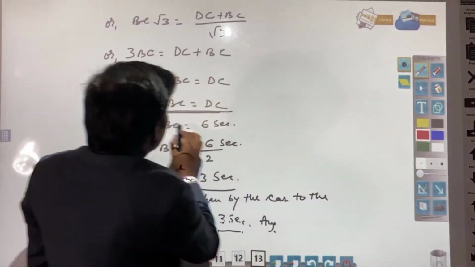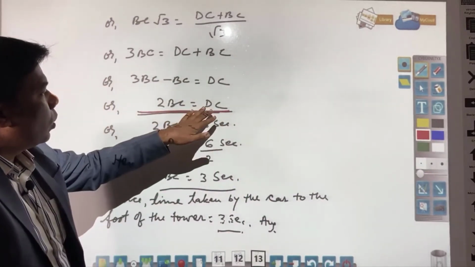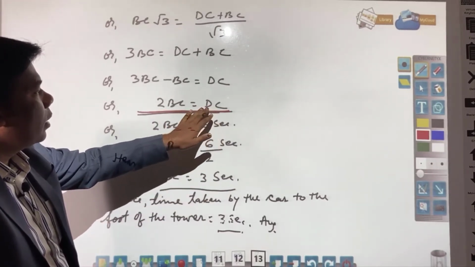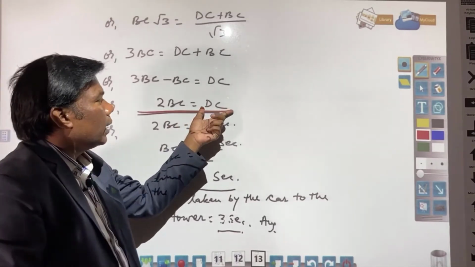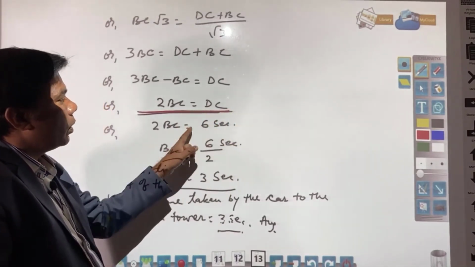Here we have got 2BC is equal to DC. So if DC has been given 6 seconds, suppose DC is a distance, this is not the time as we have put now.